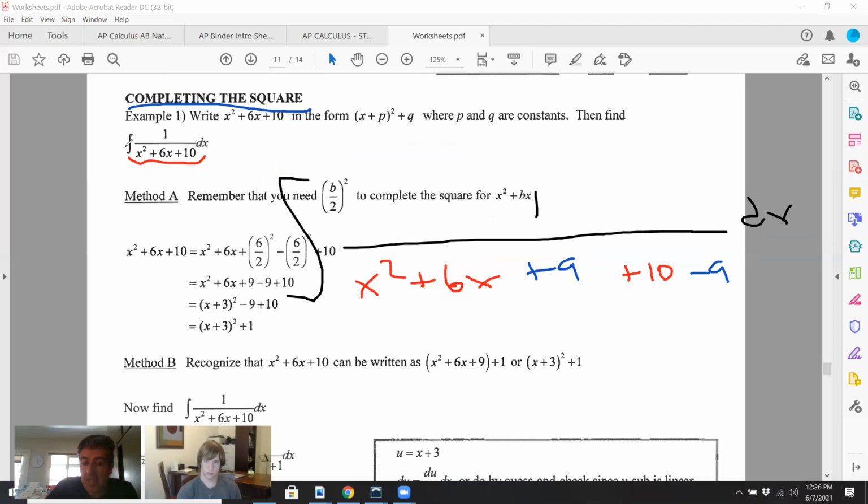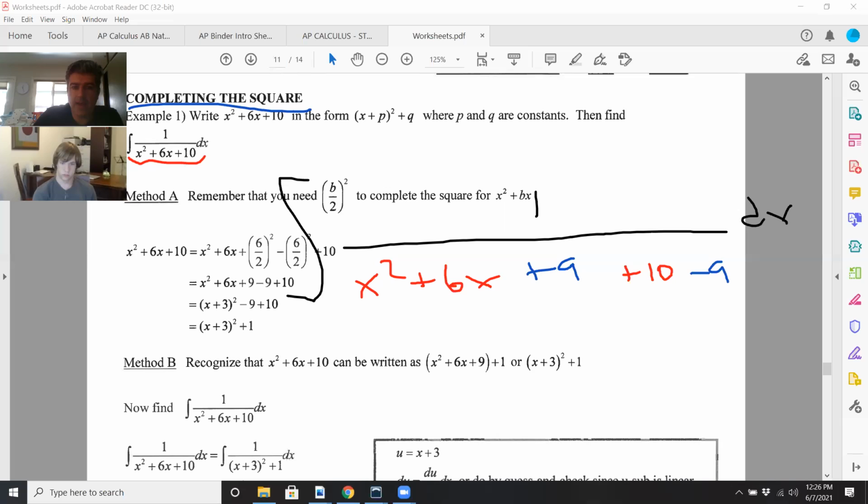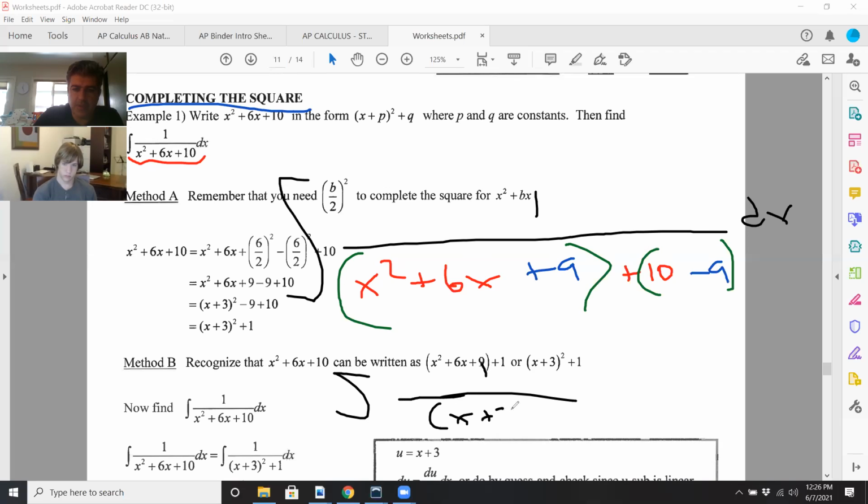It's the same thing. But why do I do it this way? Because now I have the liberty of doing this and think to myself, oh, okay. This is 1 over x plus 3 squared plus 1 dx.